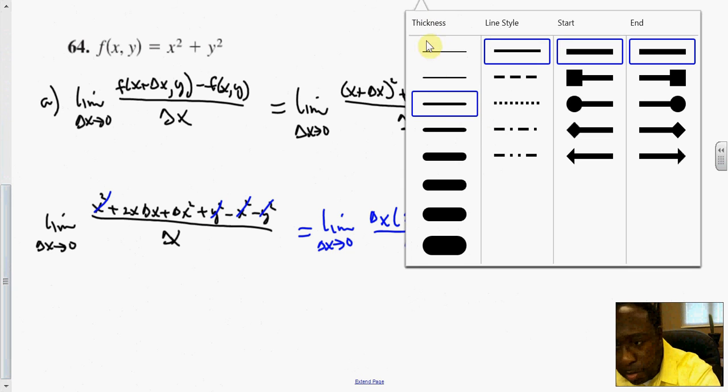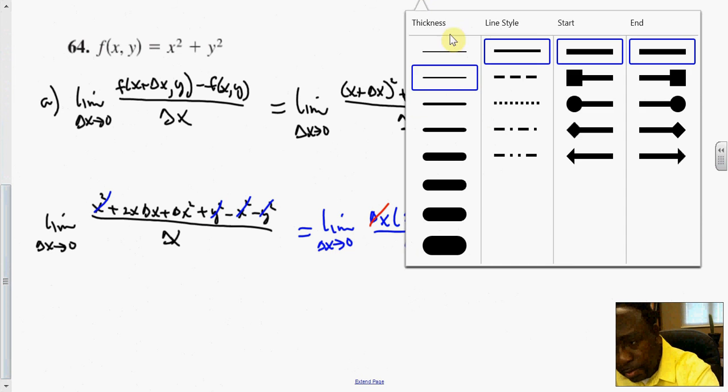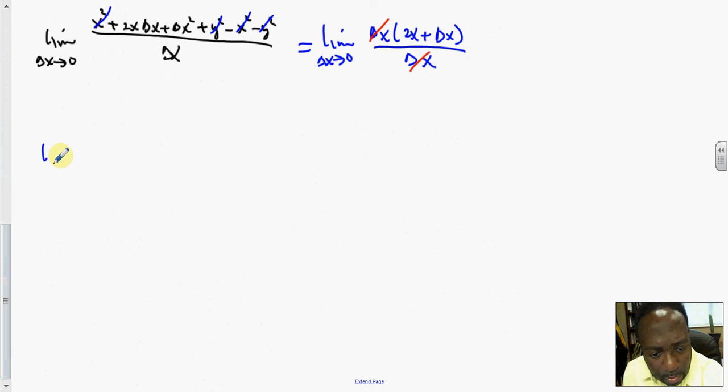So we write here the limit as delta x goes to 0 of 2x plus delta x.